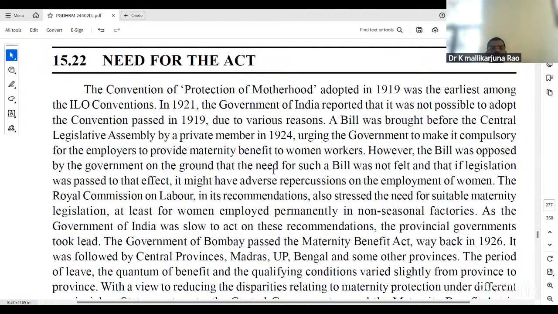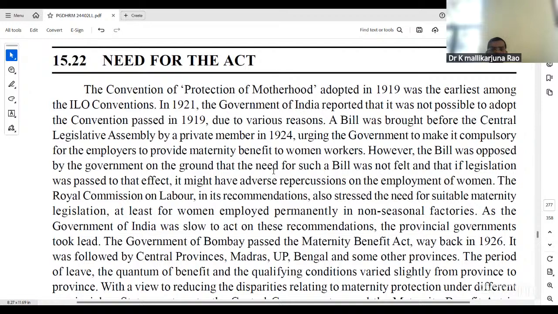The Convention on the Protection of Motherhood, adopted in 1919, was among the earliest ILO conventions. The Government of India reported that it was not possible to adopt the convention. Due to various reasons, a bill was brought before the Central Legislative Assembly by a private member in 1924, urging the government to make it compulsory for employers to provide maternity benefits to women workers.